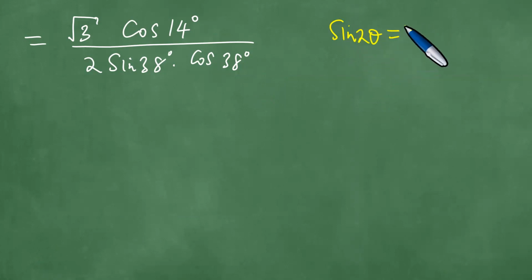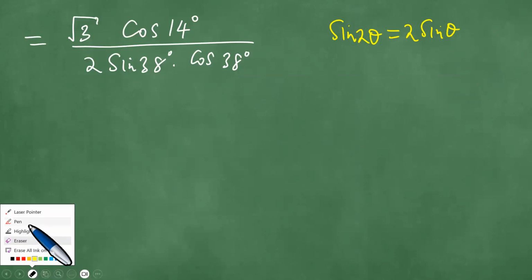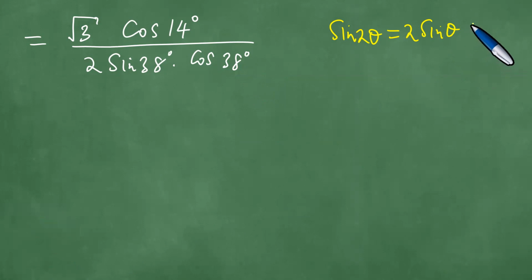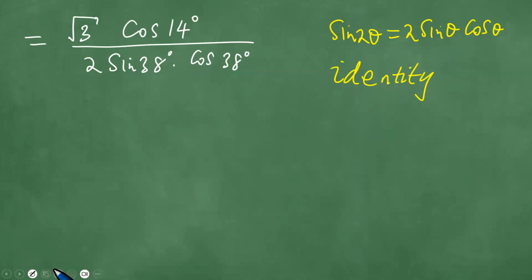So sine 2 theta is 2 sine theta cosine theta. I have a strong feeling this one came from the past higher grade papers to the book I'm using. So wherever you see sine 2 theta in mathematics, it is 2 sine theta cosine theta. It is an identity.